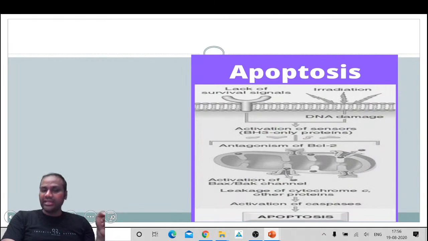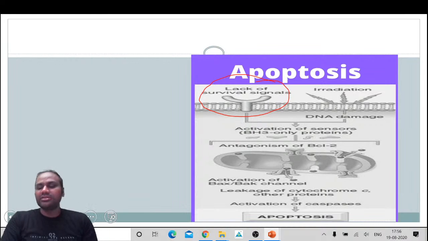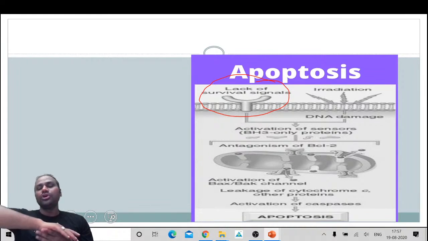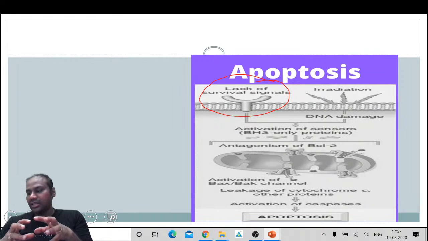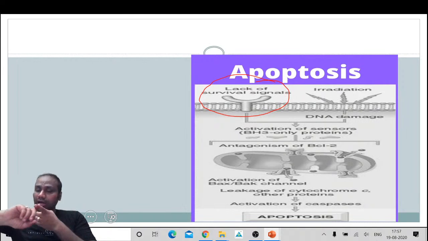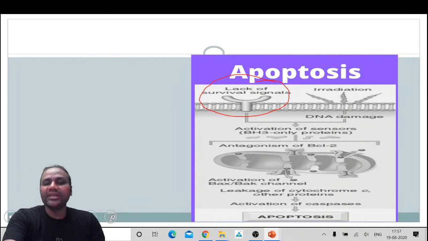Now in apoptosis, when there is a lack of survival signal, like a lack of those PI3K-AKT pathways, and also direct irradiation or direct DNA damage, they will activate the sensors.